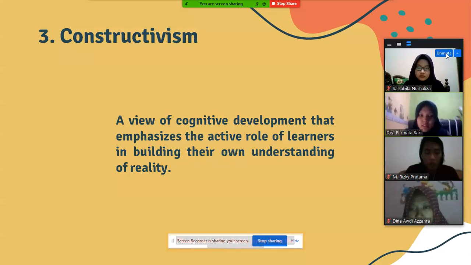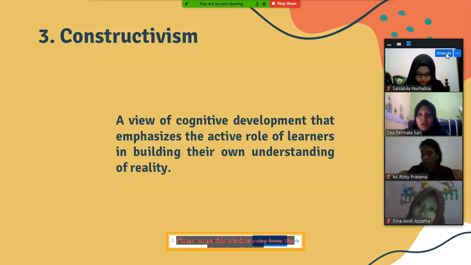So this is how learners construct the initial knowledge they already have into new and complete knowledge.